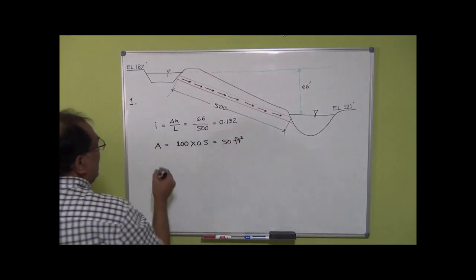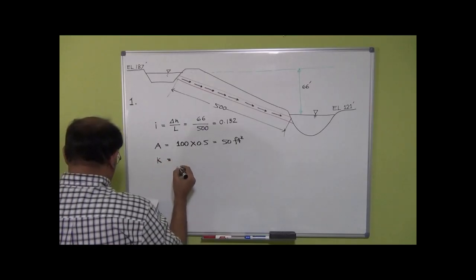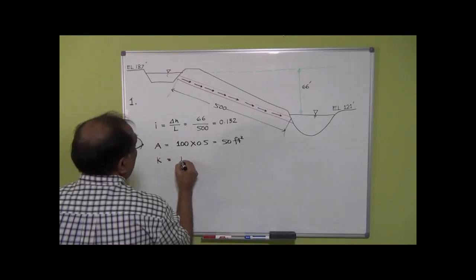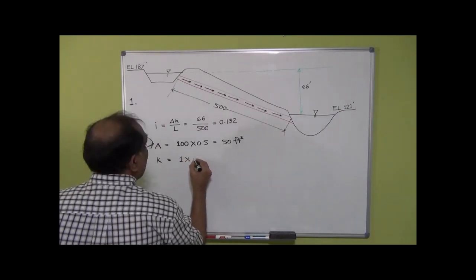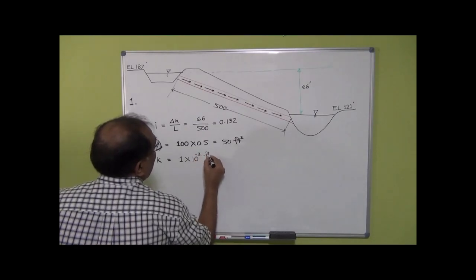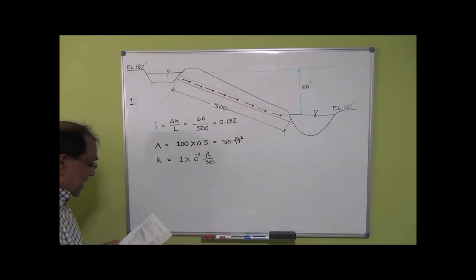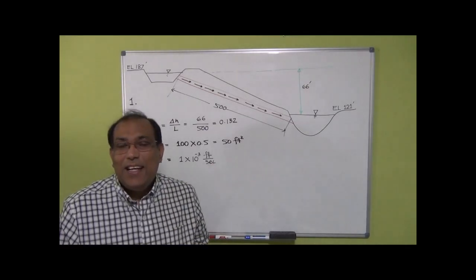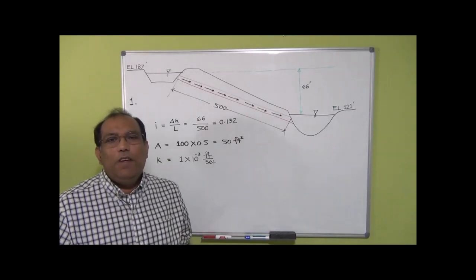Now you can see our k is given, which is basically 1 times 10 to the power minus 3 feet per second. Since they asked the answer per day, it's better to convert your k into feet per day.